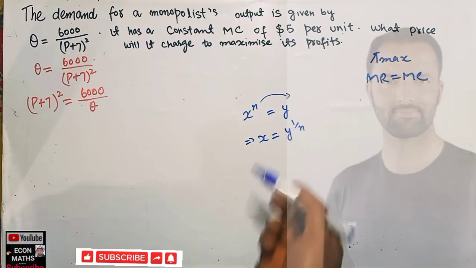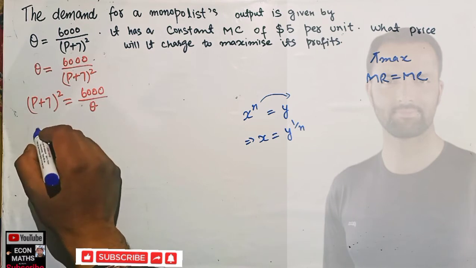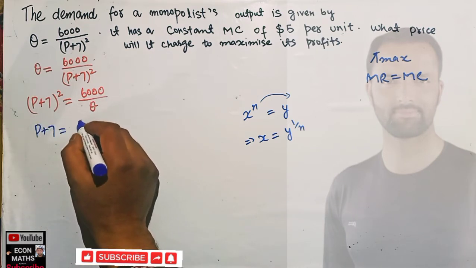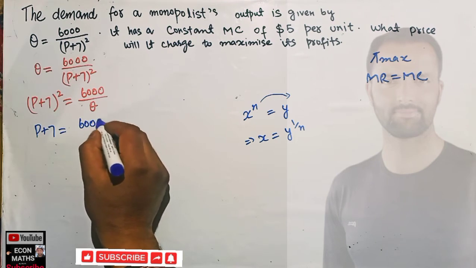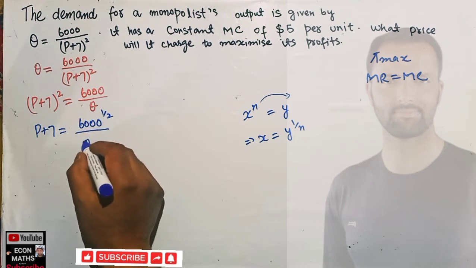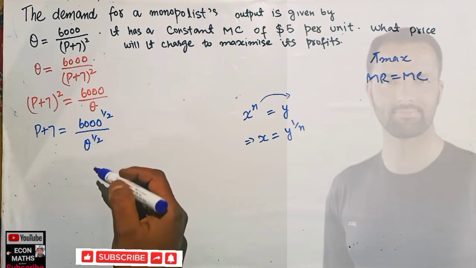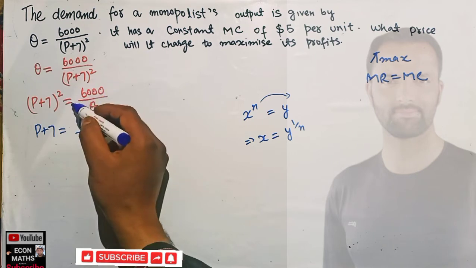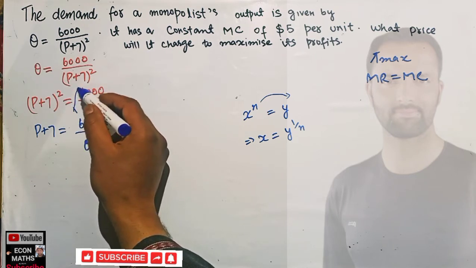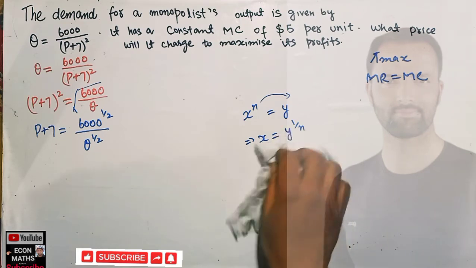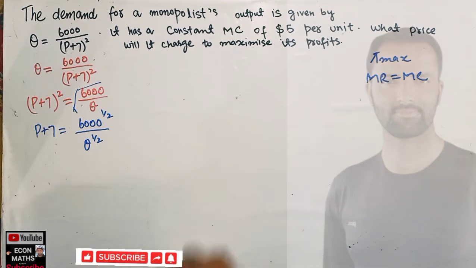So I am applying this rule here. So P plus 7 will be equal to 6000 to the power 1 upon 2 divided by Q to the power 1 upon 2, which is just the square root. I have solved it here to save space. I hope you know this stuff very well.